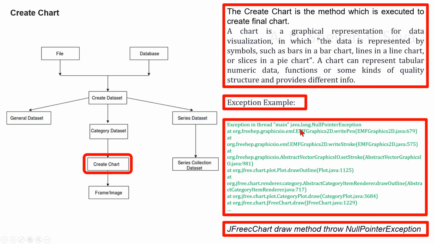Exception in thread main java.lang.null point exception at org.freehep.graphics io.emf.emf graphics 2d write pane at org.freehep.graphics io.emf.emf graphics 2d write stroke at org.freehep.graphics io.abstract vector graphics io.set stroke at org.jfree.chart.plot.draw outline, etc.